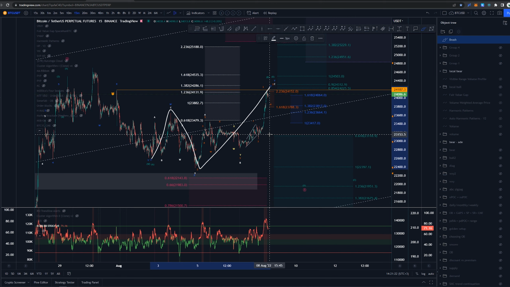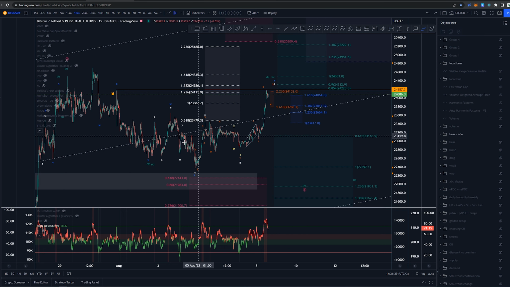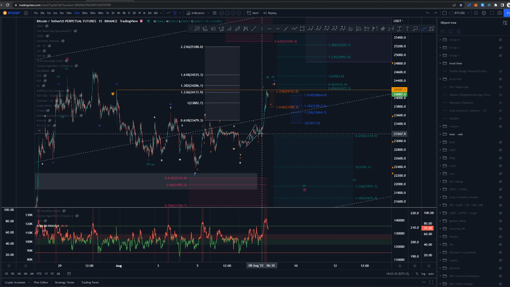That's another problem we have. The other problem with this count is that we have this going beyond the 1.618 extension of this W, X, and Y. That is generally something that I don't allow in WXYs, but as of now, I don't really have a better looking count here to correct that. So that's why I'm using this instead.